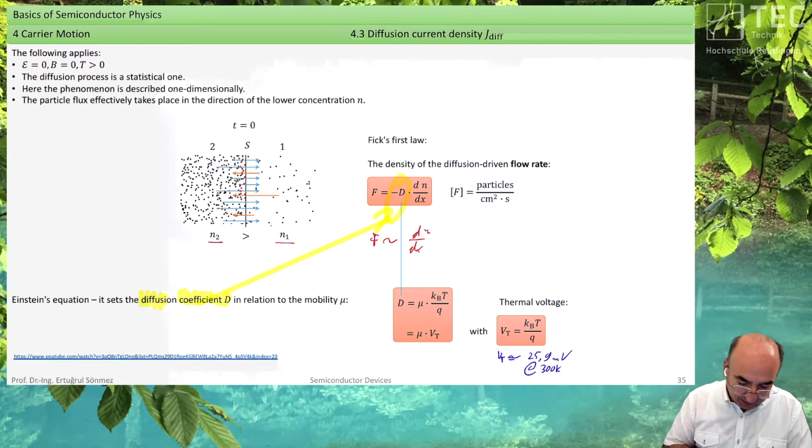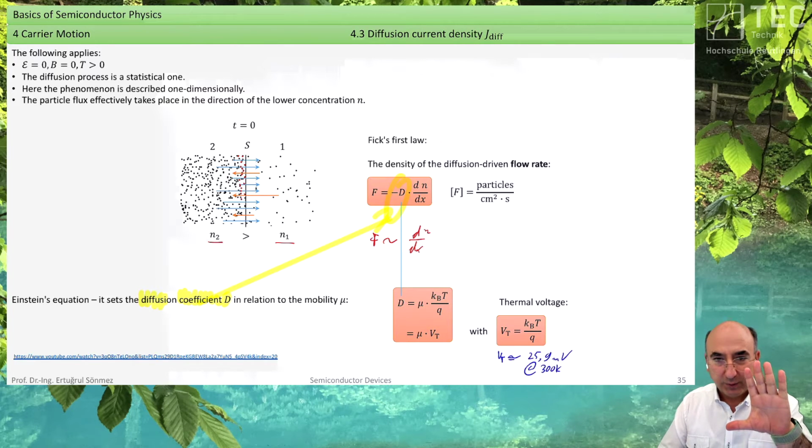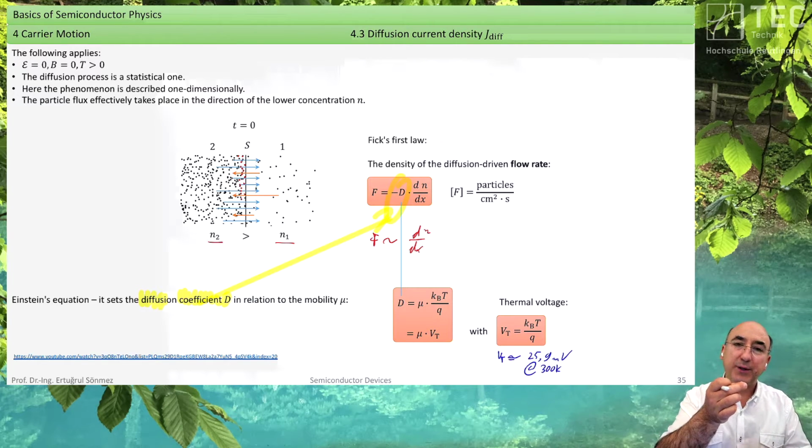You can think about placing more particles, for instance, by injection. How do you inject particles? You cannot throw electrons into the semiconductor, but the photons can do this. If you illuminate a certain area with the appropriate photon energy, you absorb the photon and generate electron hole pairs.